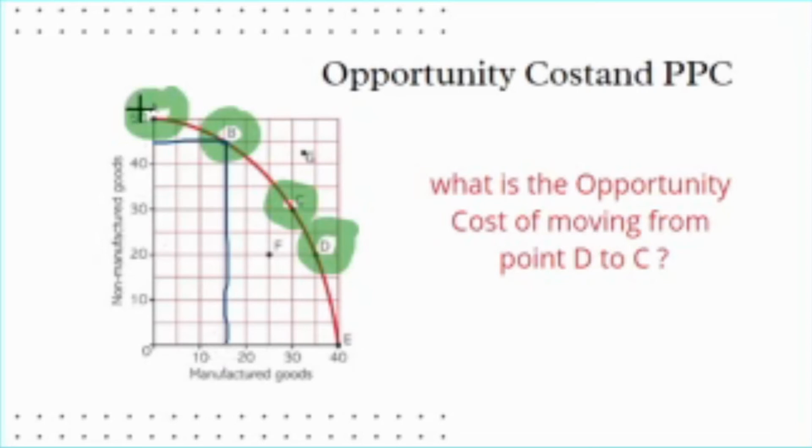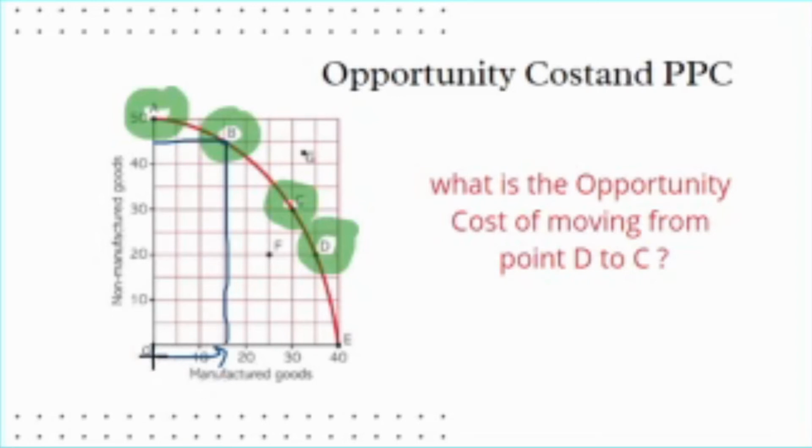This economy has reduced its non-manufactured goods by 5 units, but manufactured goods have increased from 0 to 15. So in order to increase manufactured goods by 15 units, this economy has sacrificed 5 units of non-manufactured goods. That's the opportunity cost of producing 15 manufactured goods.